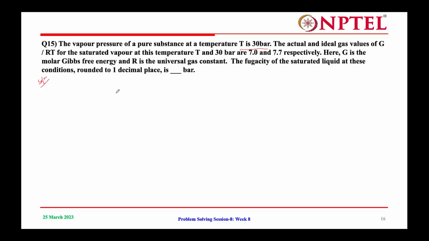So we know dG equal to RT d ln f, right? So d ln f is equal to dG by RT, right?